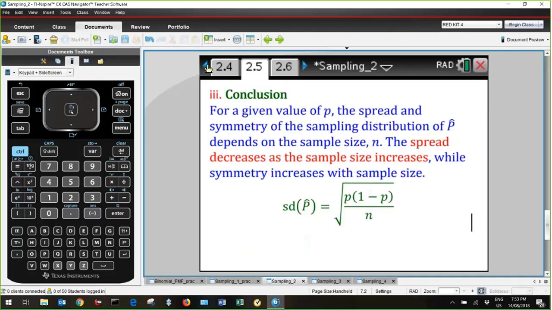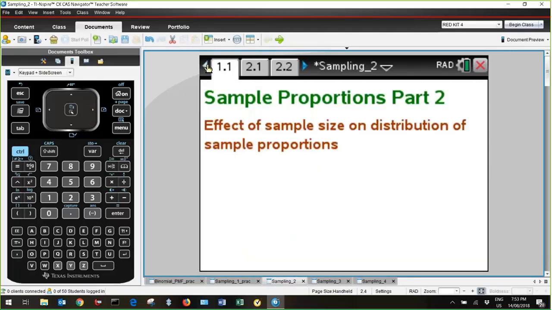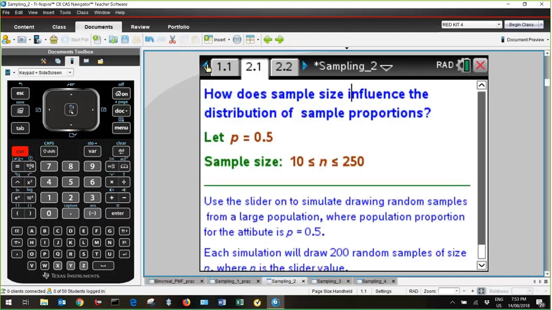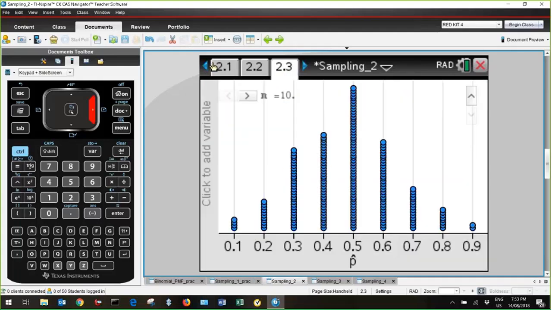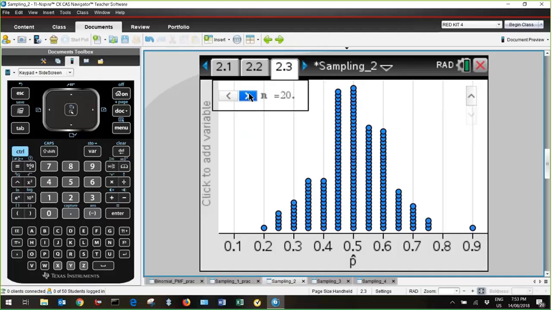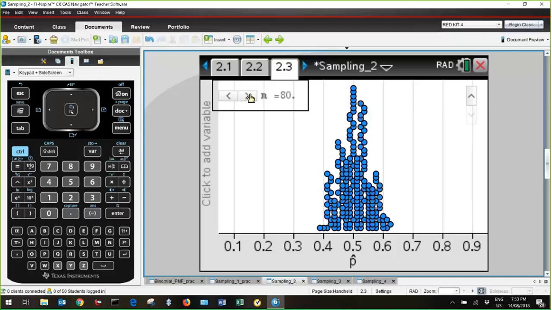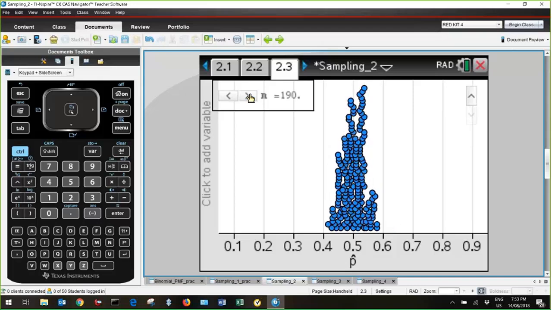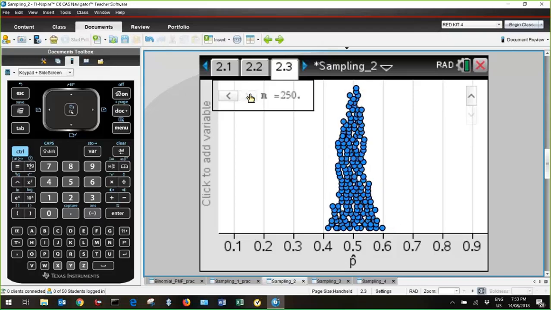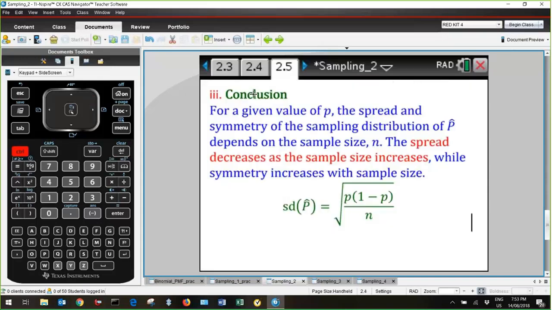Okay, so in the next bit, what's the effect of changing the sample size? Now that students understand the sampling distribution, we can show them 100 or 200 at a time. And if we go from a size of 10, 20, 30, 40, we see that the standard deviation gets less, so the distribution is not as wide, which is what we would expect because we saw that the standard deviation has n down the bottom.